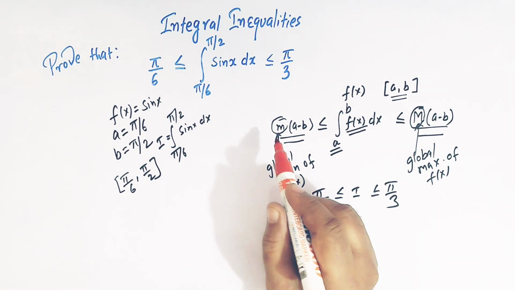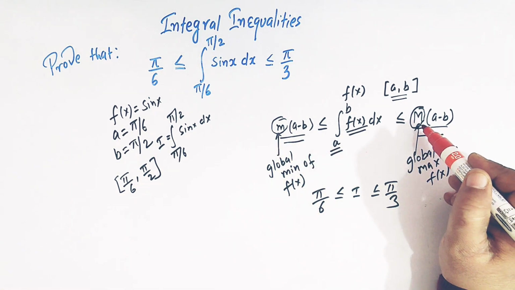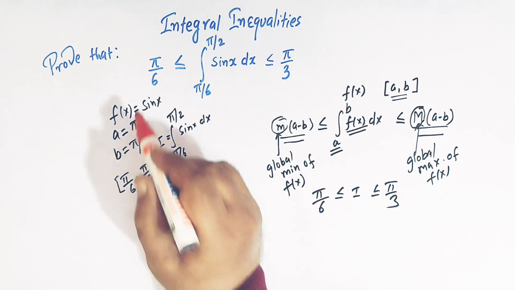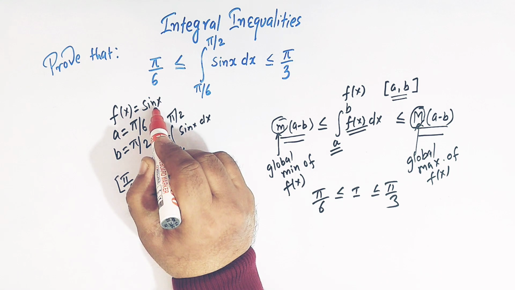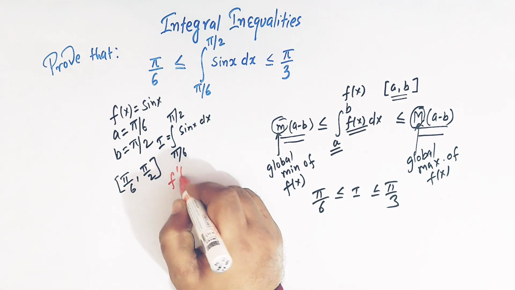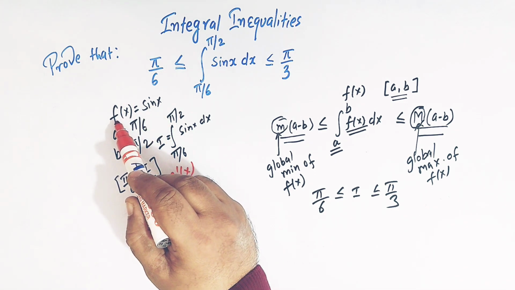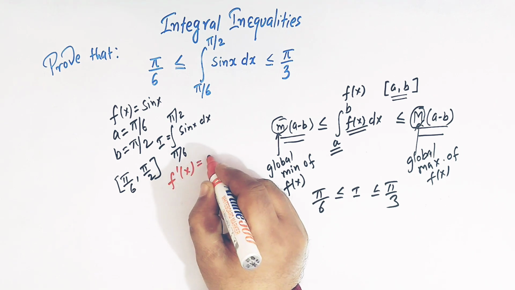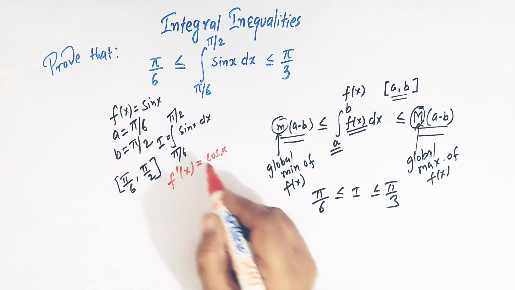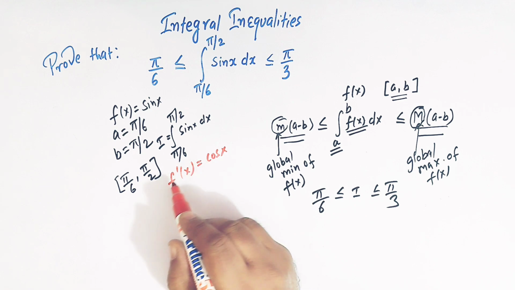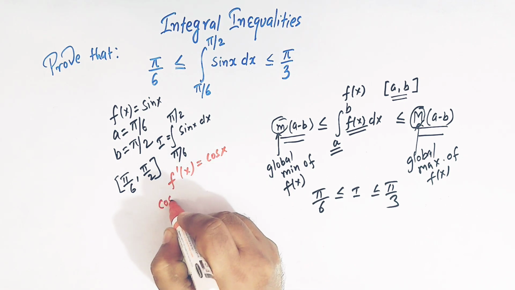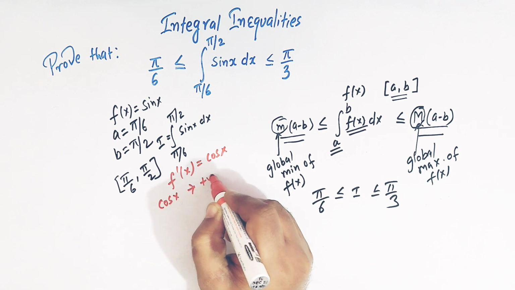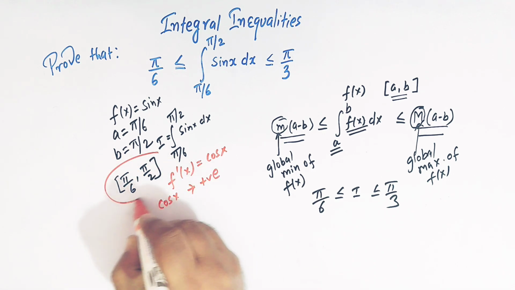To find the values of small m and capital M, let us investigate this function f of x, that is sine x, and find its derivative. So f prime of x is cos x, since the derivative of sine x is cos x. We can see that cos x is always a positive quantity in this interval.